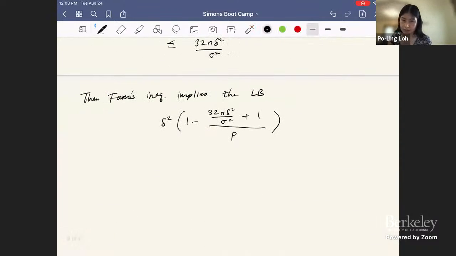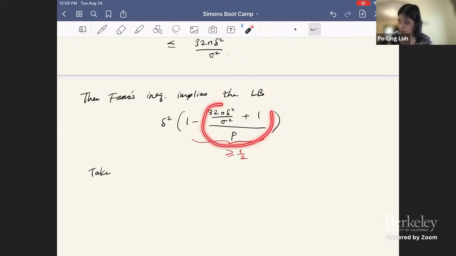Okay, so now what do we do with this? Well, as I said, the game is to say, how should I choose delta squared so that this is lower bounded by 1/2, right? So if you want to set the second quantity equal to 1/2, then you can manipulate things, and you'll see that you should take delta squared to be on the order of sigma squared p over n.